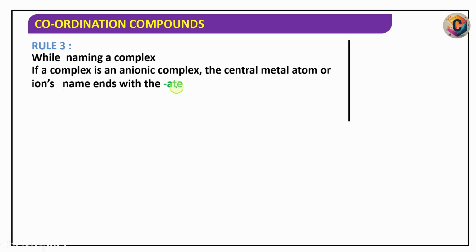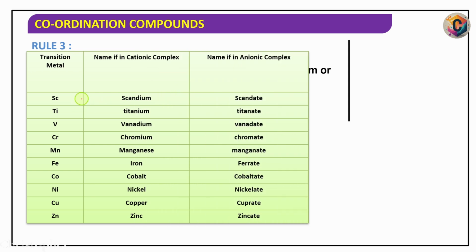Don't forget, it is the most important one. If the transition metal scandium is present in an anionic complex, the name should end with scandate. See what I am doing here? I am removing IUM and replacing it with ATE. Titanium, titanate. Vanadium, vanadate. Chromium, chromate. Manganese, manganate.